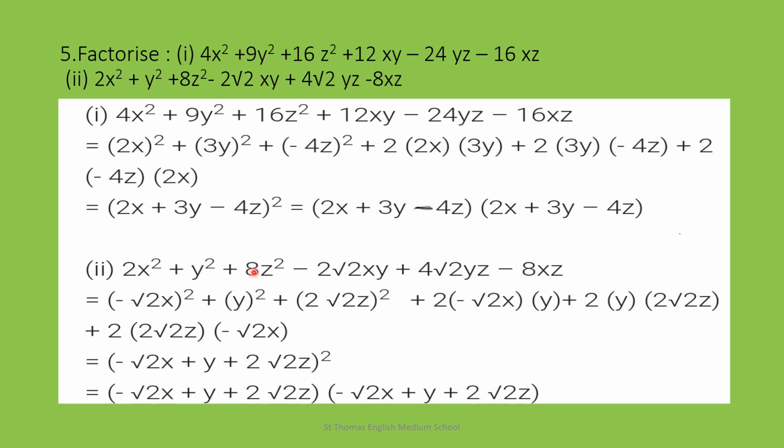8 can be written as (2 root 2 z) whole square. 2 root 2, that means 2 square is 4 and root 2 square is 2. So (2 root 2) square is 8. So 8 z square.